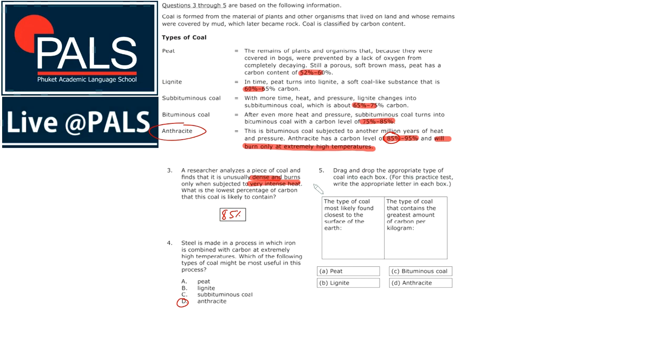Drag and drop the appropriate type of coal in each box. The appropriate type. So only one in each box, I would say. The type of coal most likely found closest to the surface of the Earth, that should be peat, because over time these different types of coals get deeper into the Earth's layers.